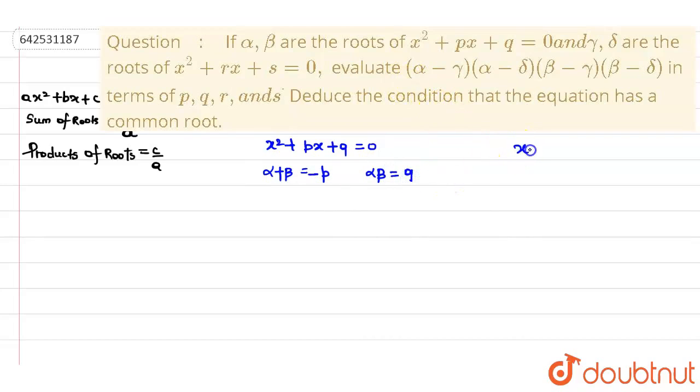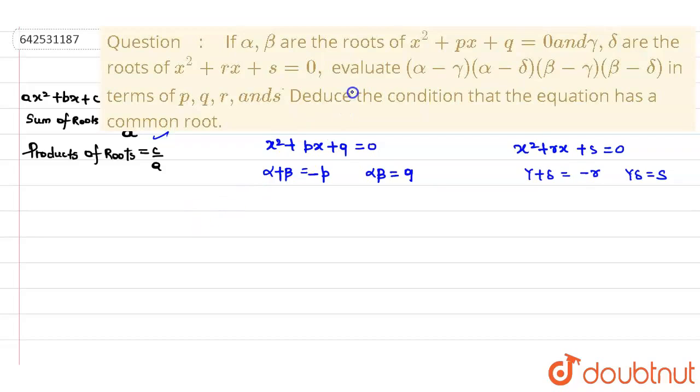And the second equation, x square plus rx plus s is equal to 0, and the roots of the equation are gamma and delta. So gamma plus delta is equal to minus r, and gamma delta is equal to s, right, by using this particular equation.